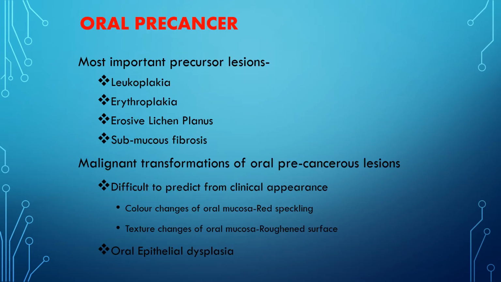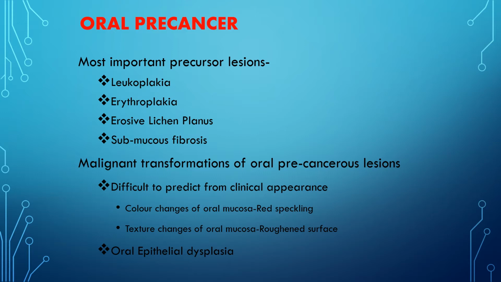Under leukoplakia, you can define it as a raised white patch of the oral mucosa measuring about 5 mm or more, which cannot be scraped off and which cannot be attributed to any other diagnosable disease. But this definition does not carry any histologic connotations.